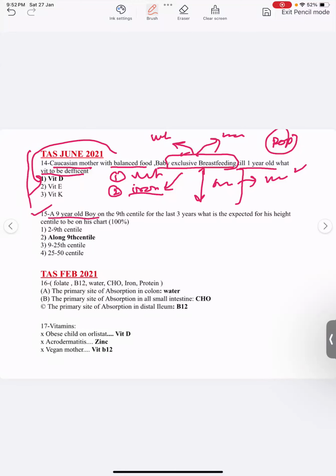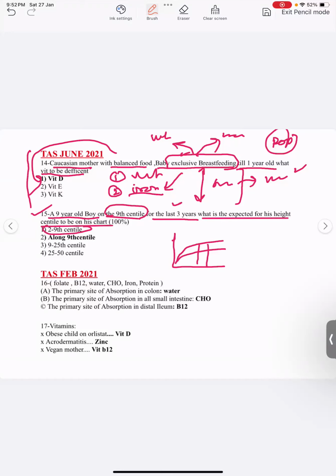A 9-year-old boy on the ninth centile for the last 3 years. They basically want to ask you about the growth velocity. For the last 3 years, the child is on the ninth centile. What is expected for his height centile on his chart? Definitely, we will not expect his height centile to decrease this time.